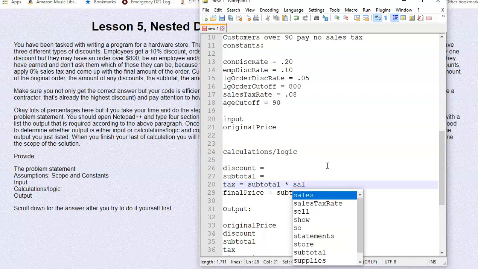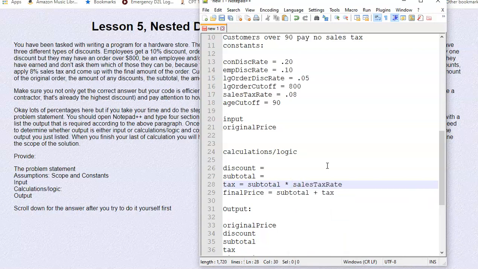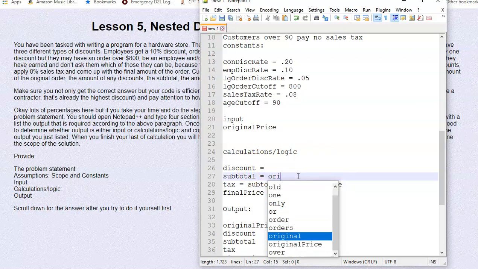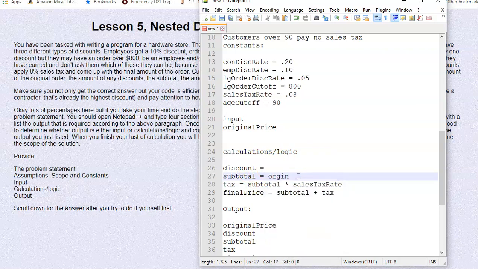So sales. I was wondering why it didn't come up. Sales tax rate. And then what is the subtotal? And the subtotal is what happens after we subtract the discount. So it'll be the original price minus the discount.